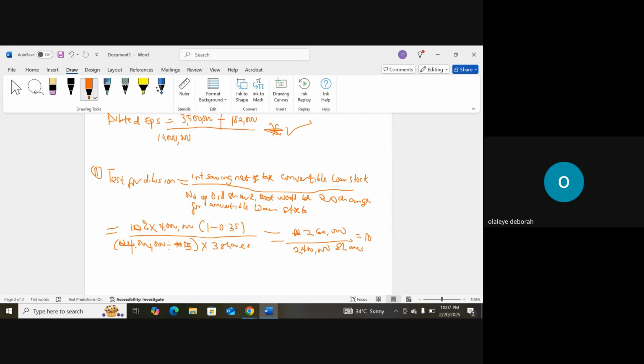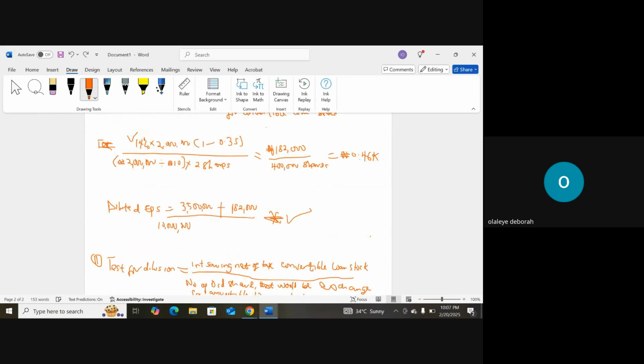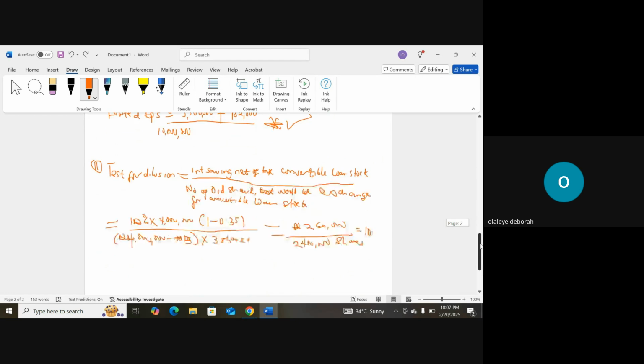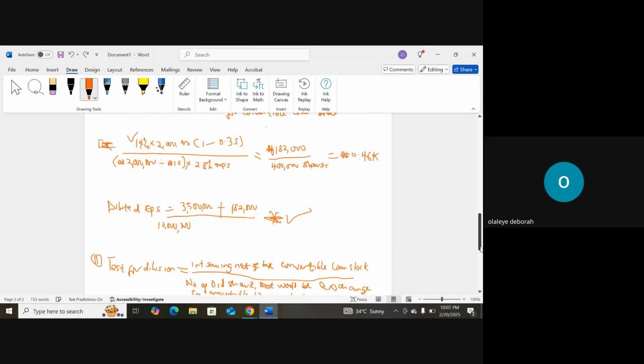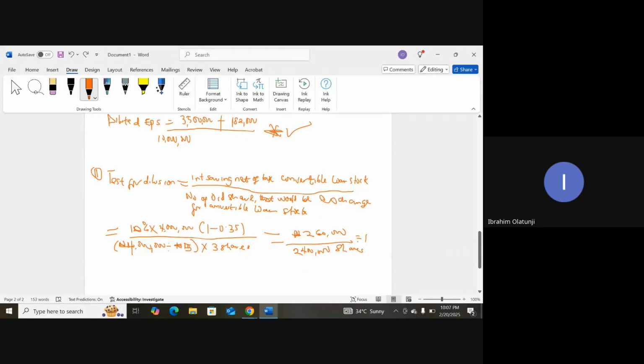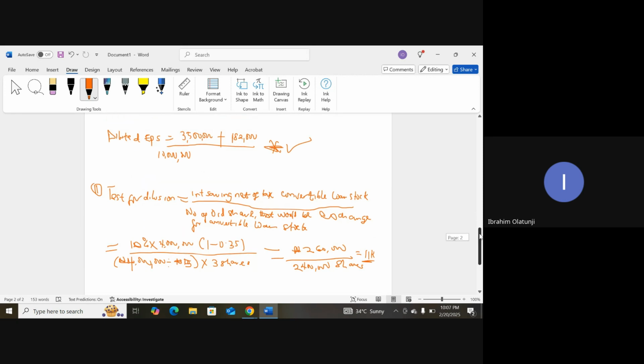That's what I'm saying. 11 kobo means 0.11. That's the meaning. You understand? 11 kobo.